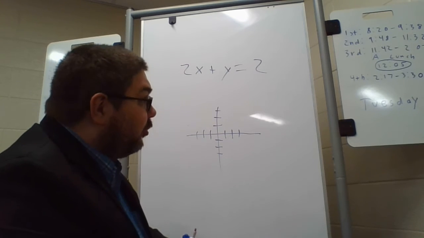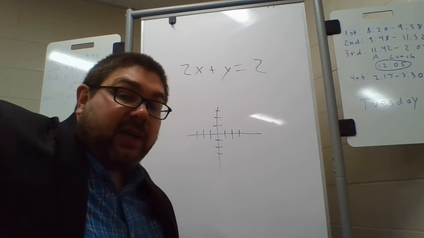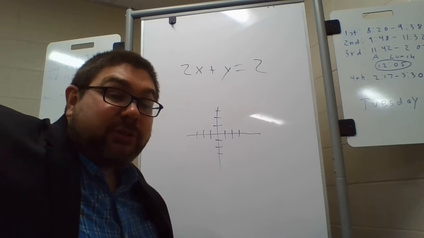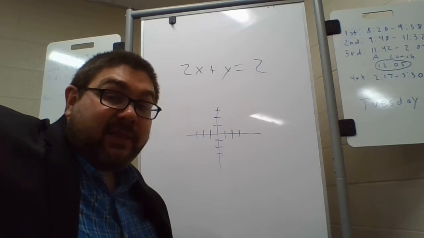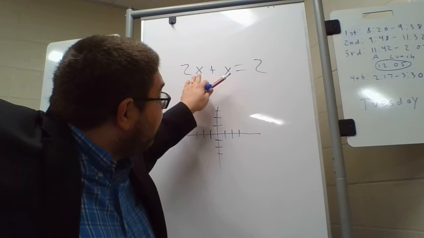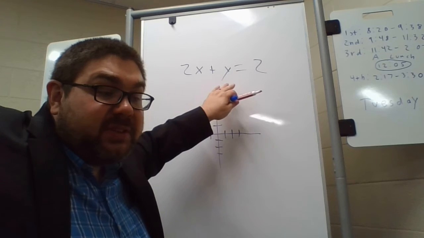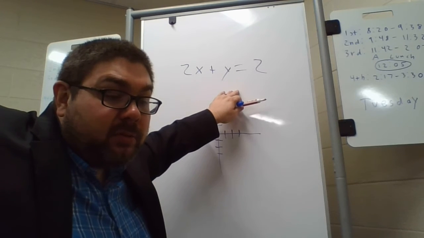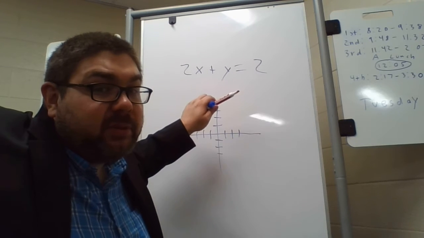There are two ways to do this. The first way, which I'm not going into, is to find the intercepts, where you would put 0 in place of x to find the y-intercept, and you would put 0 in place of y to find the x-intercept.